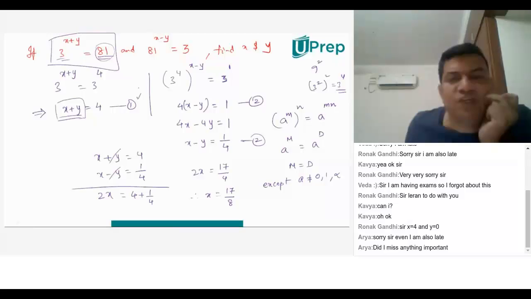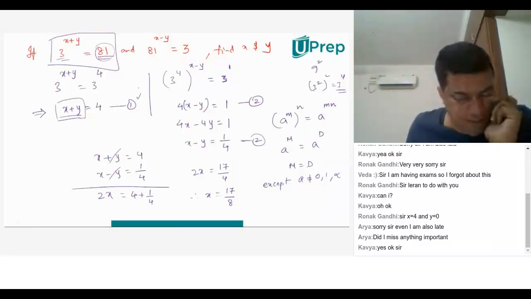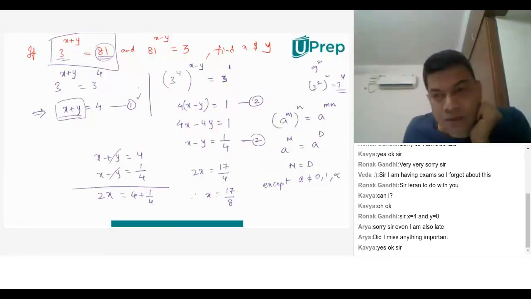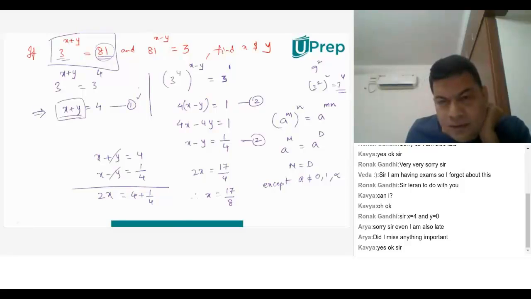No, Arya, this is the first problem that we are solving for the day. Sir, but y is 15 by 8. Sir, y is 15 by 8. So if you substitute x is equal to 17 by 8 in any of the equations, you can put it anywhere, whatever you feel like.